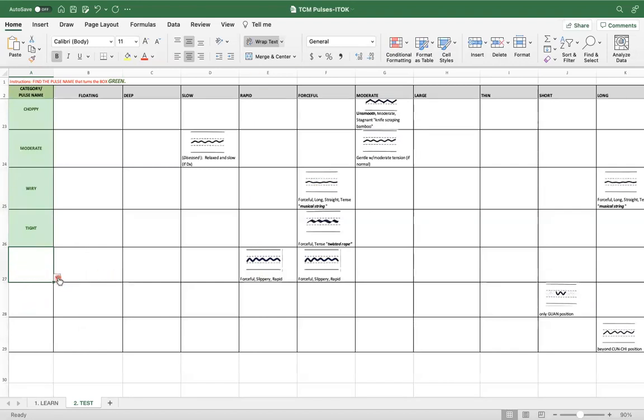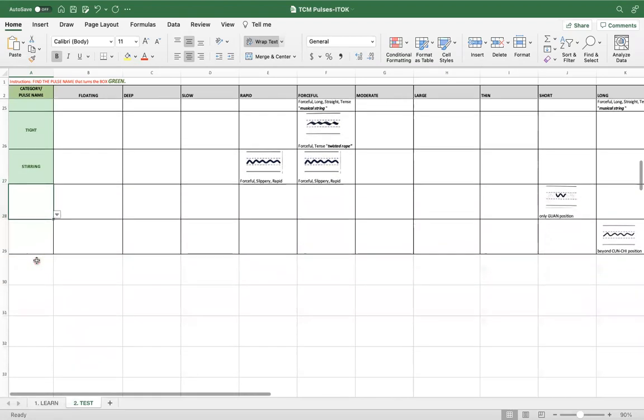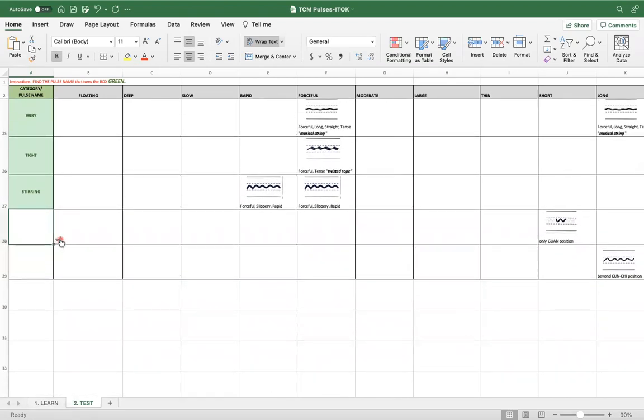So this is a stirring pulse. In the book, they give another description to this one, like moving beans. So stirring.